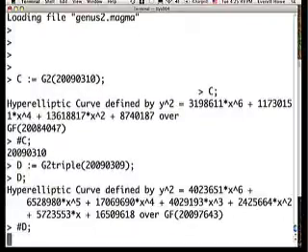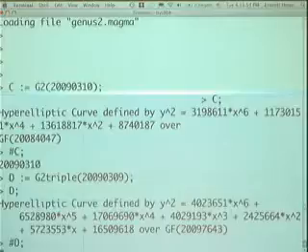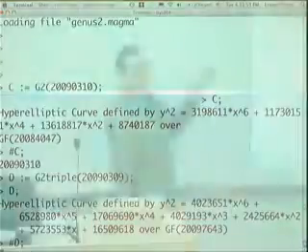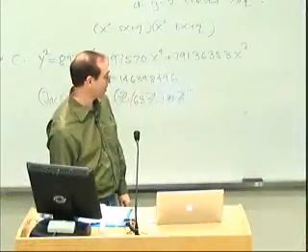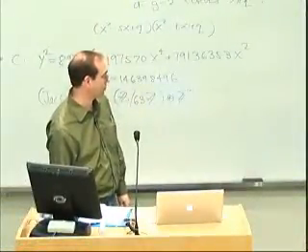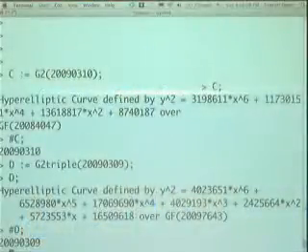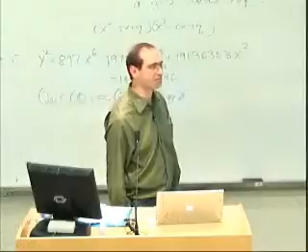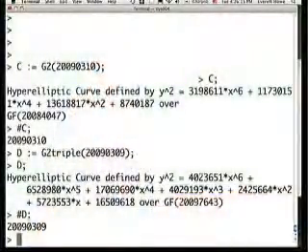And you could see that this one had this suspicious form of only even exponents, so it's a double cover of elliptic curves. This one doesn't have that suspicious form because it was constructed as a triple cover of elliptic curves. And great. So it does actually work, and it was faster to create these things than it was to verify them. So that's good. And I believe that is it.